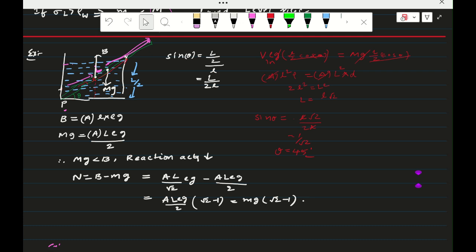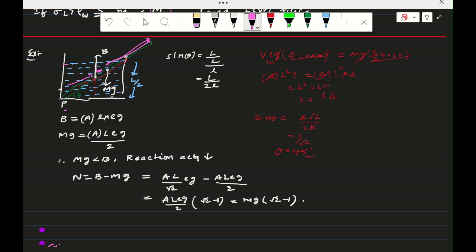So you have to use the torque equation. That's why equilibrium, Newton's laws of motion, torque. Now see here, there are two steps you have to follow, very important. First one is applying the forces. And we know the torque equation can be applied about any fixed point or the center of mass. Either mg, or buoyancy, or the point B. About the point B you can apply the torque equation. About the buoyancy point you can apply the torque equation, or about mg.